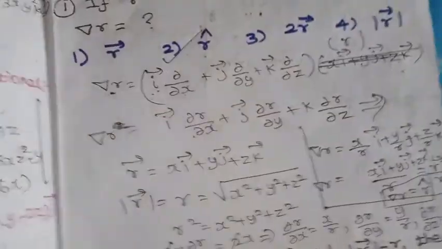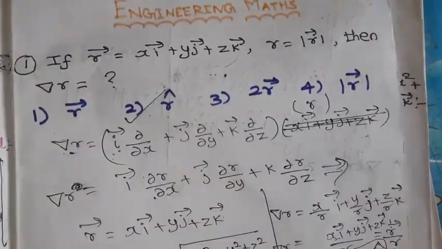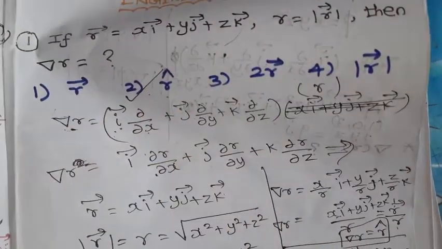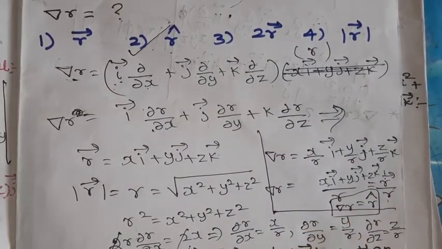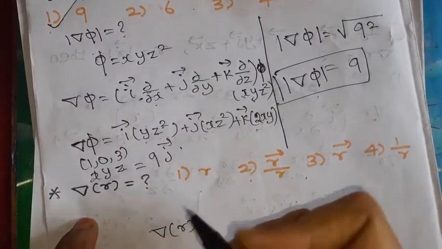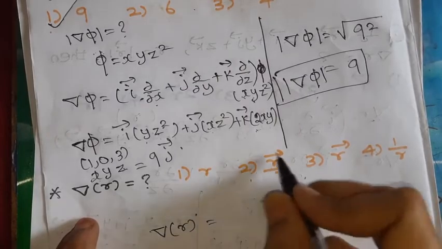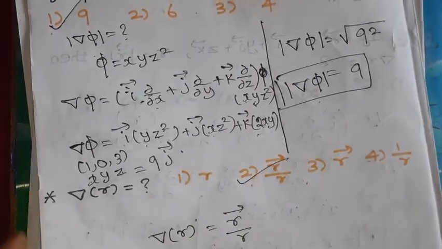When we solve, we are getting r vector divided by r. By seeing here, the option is given as r cap. So r vector by r is nothing but r cap only. When we solve the same problem here, kindly refer to the problem solved above. Okay, r vector divided by r. By seeing the options, option 2 is the right option.